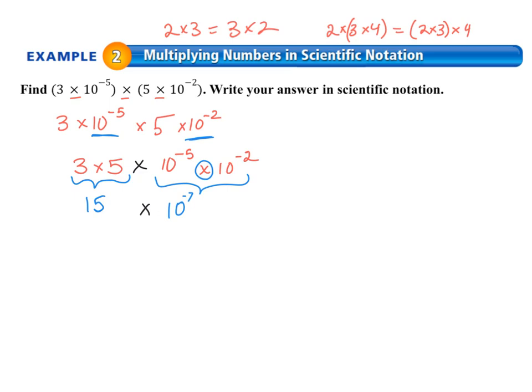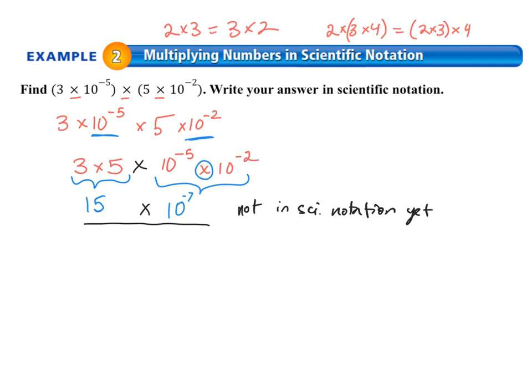But if you're looking at this, you may notice this number is not in scientific notation yet, because our factor is bigger than 10. So there's a lot of different ways people fix this.